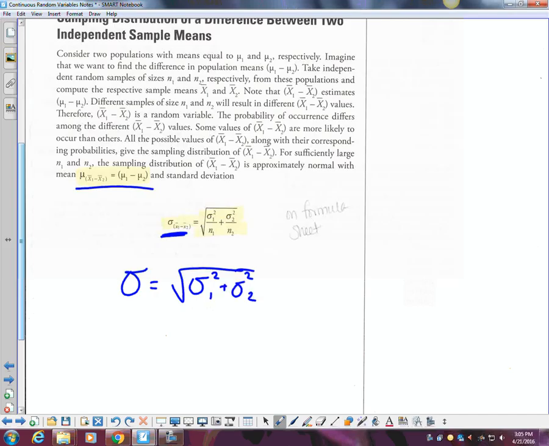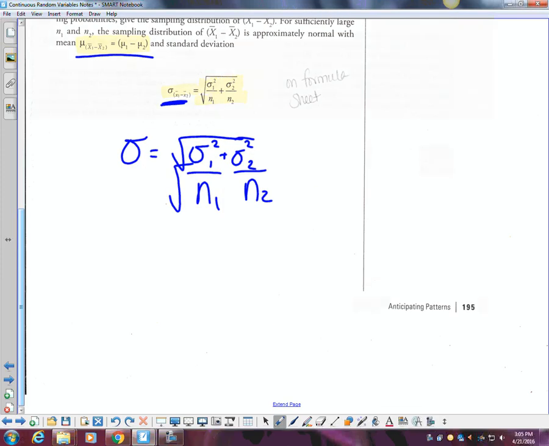What's new to this is that we are not population data anymore, we are now a sample. So I have to include my sample sizes. And that's on the back of your formula sheet, underneath where it says 2-sample. That's where he lives, so he's always there for you. And that's it.